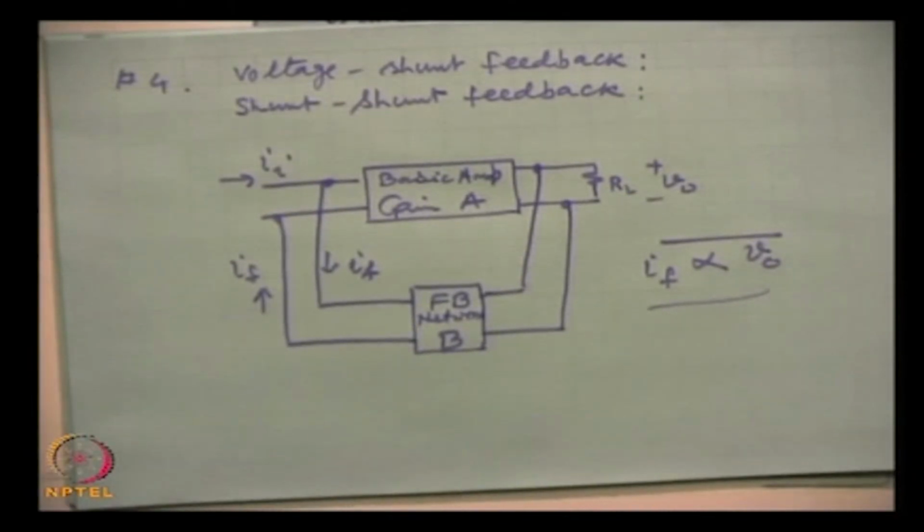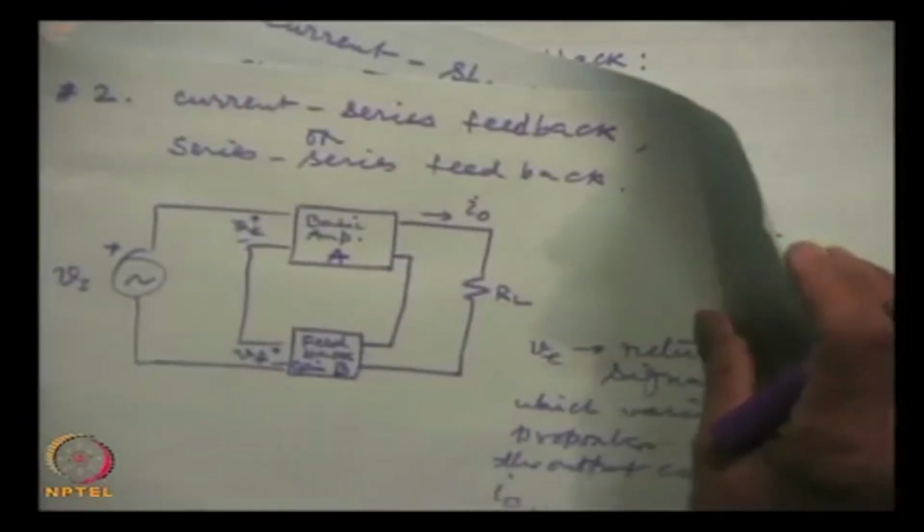Let me summarize these 4 types of circuits, because they are very important, they will modify the impedance levels at the input and output differently.